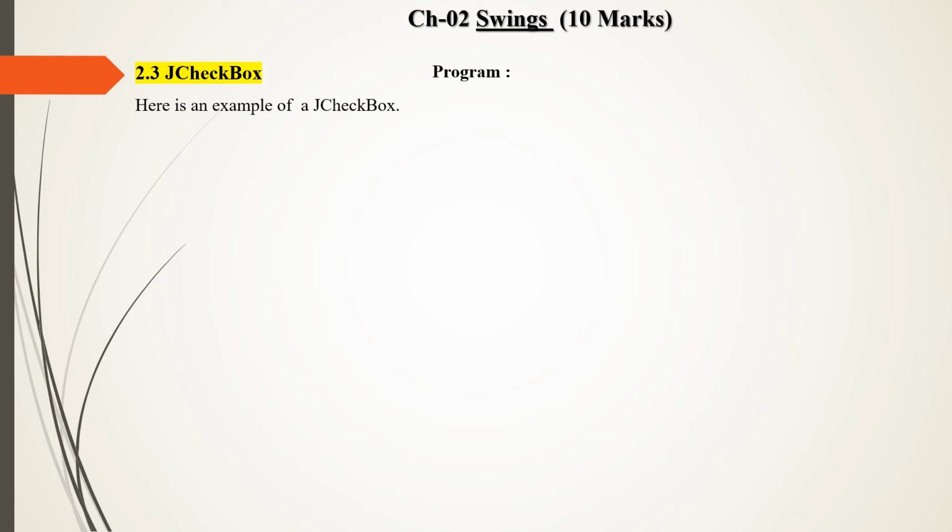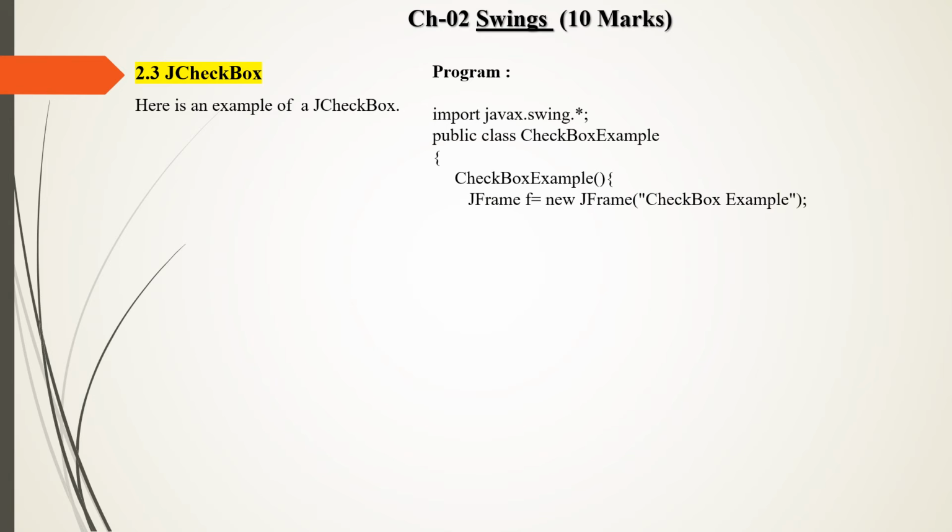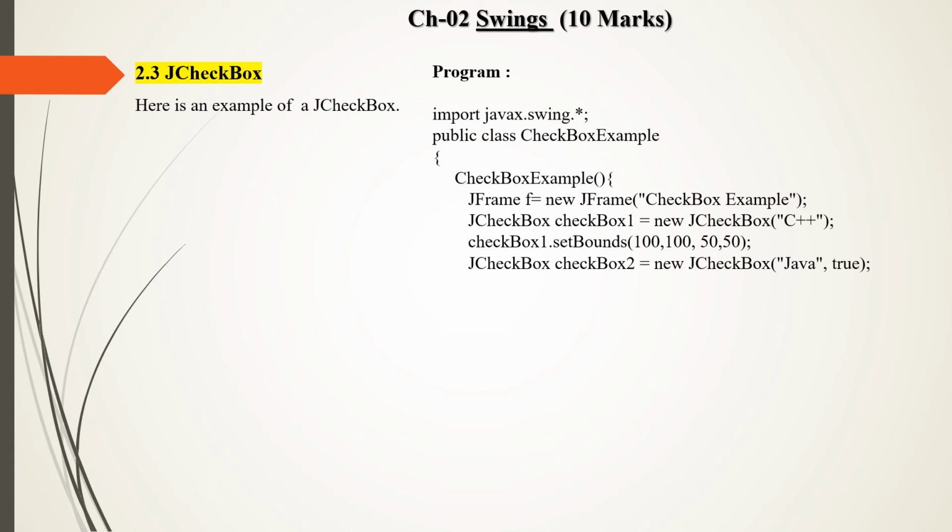Next, we have one example of JCheckBox. For the program, first we import the Swing package, then we create one class, CheckBoxExample, then we define the constructor of the class. Then we create one frame with the title CheckBox Example. Then we create one checkbox with the string C++, and by the method setBounds we set the position of the first checkbox.